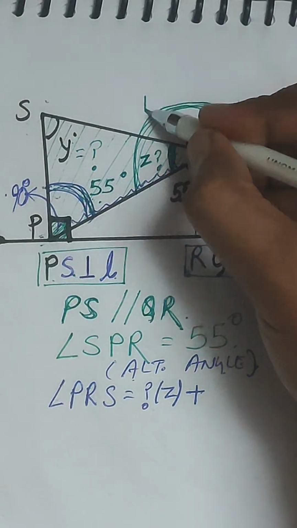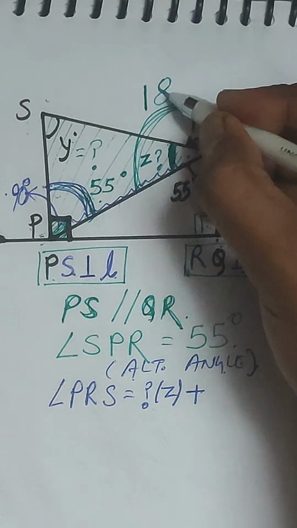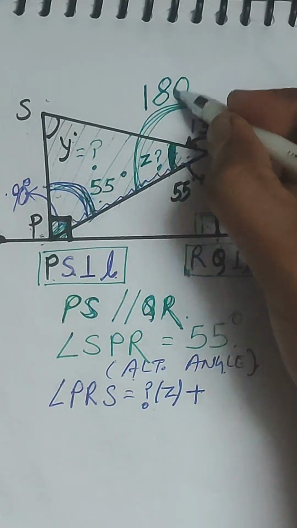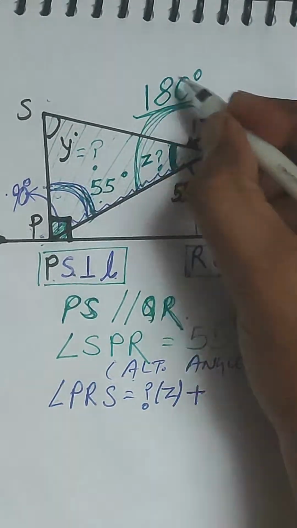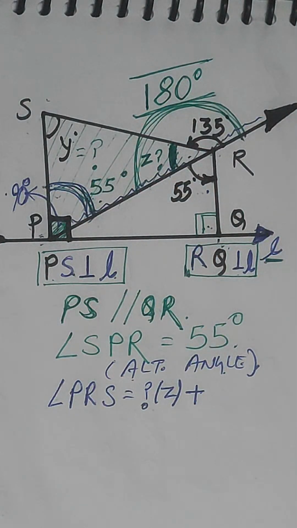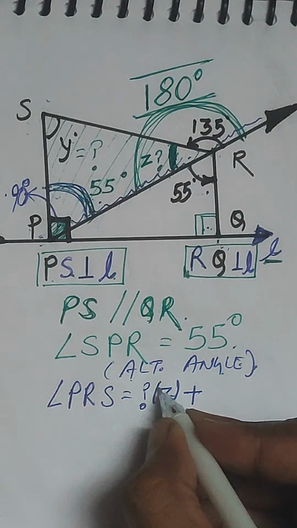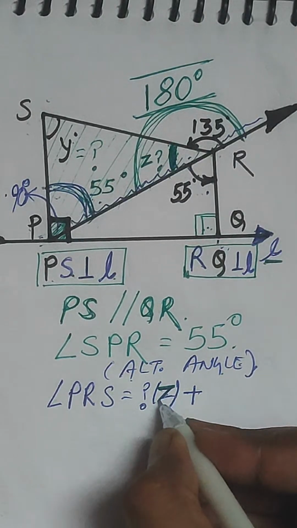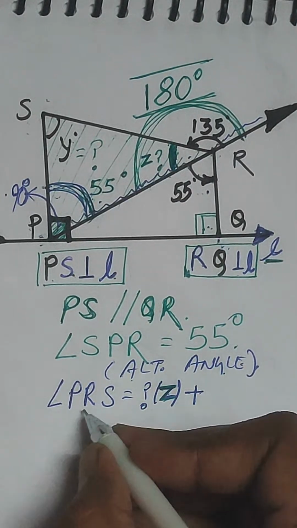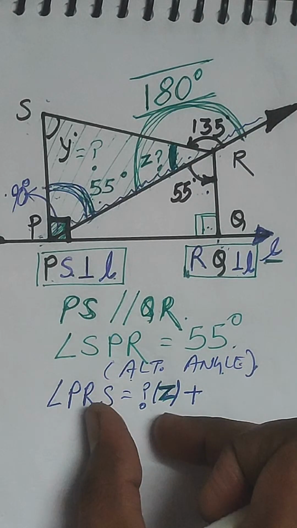That means, this being a linear pair, the value is equal to 180 degrees, right? We have just put the nomenclature Z; you can write PRS also, not an issue. So don't get confused, PRS and Z both are equal.